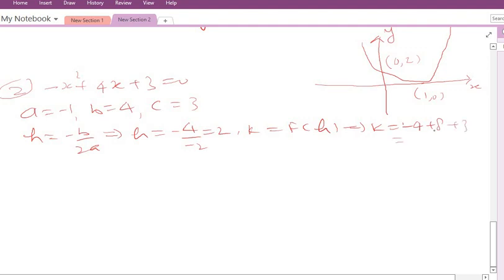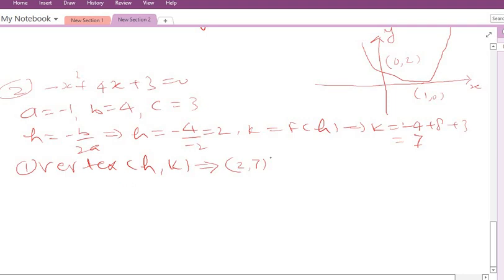So it is 7. So the vertex is h comma k, where h is 2 and k is 7. This is the first answer.